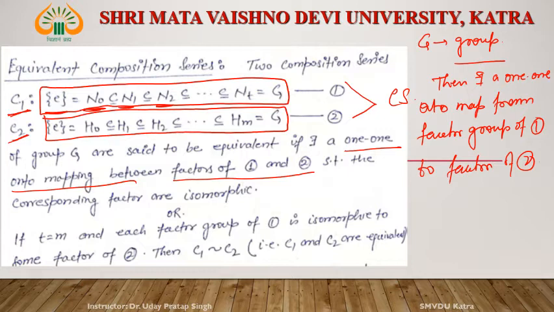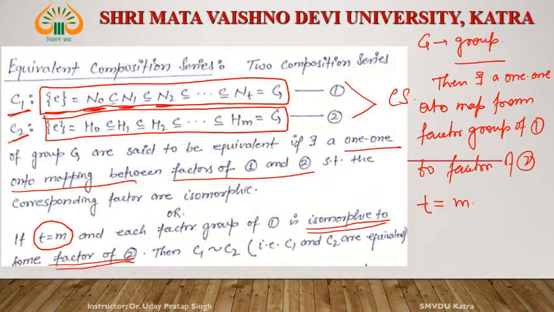What is the length of the first series? The total number of terms is t plus 1, excluding G, that is Nt, so the total number of terms is t. In the second series, the total number of terms is m. The first condition is that the lengths of those composition series are equal. And there exists an isomorphism between the factor groups of 1 and 2.